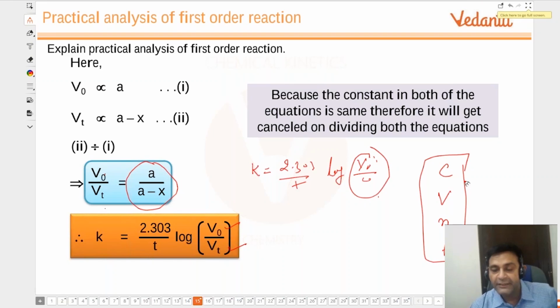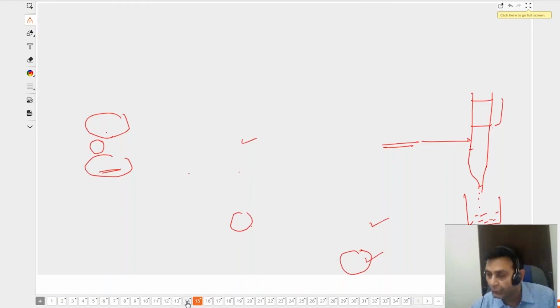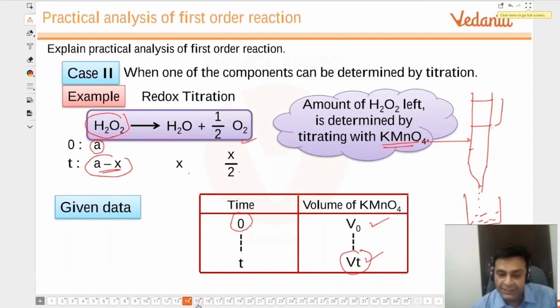But for these experiments, when we are using the titration technique, we can measure the volume of the KMnO4 used. Our practical technique is that in the burette we have KMnO4, and in the beaker we have hydrogen peroxide.